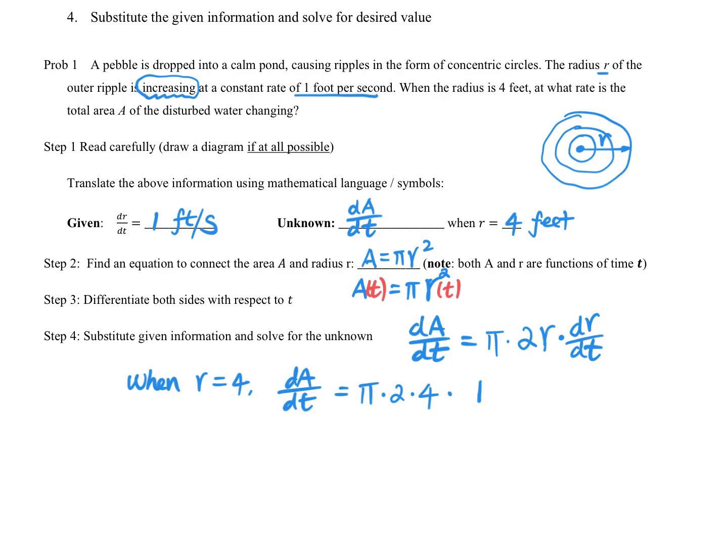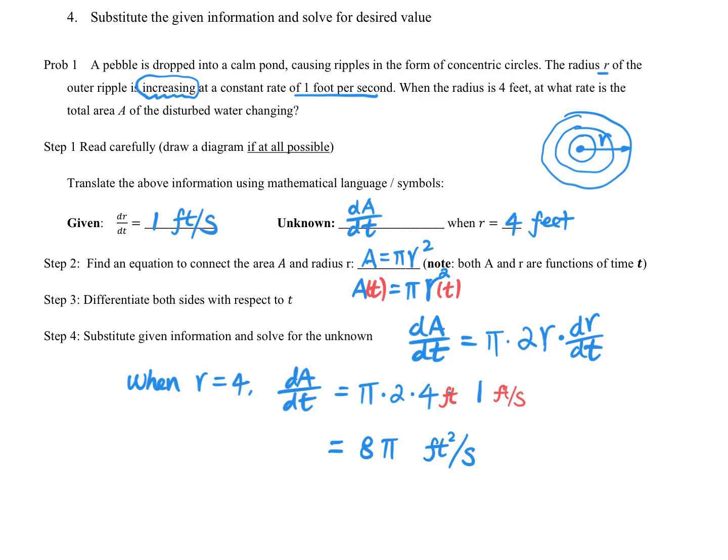By the way, this 4, the unit is the foot, and here this is the foot per second, right? And then after you do this algebra, it's going to be 8 pi, and let's look at the units. It's going to be square feet per second.